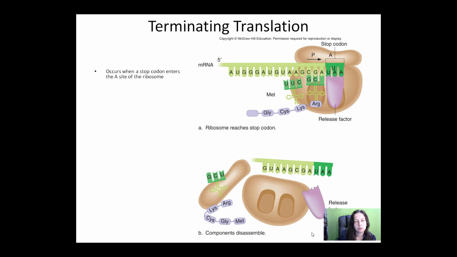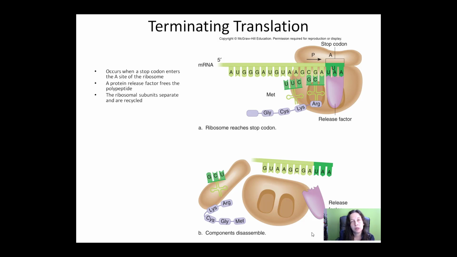How does translation get terminated? This occurs when a stop codon is encountered by the A site of the ribosome. The protein release factor frees the polypeptide. The polypeptide is the same as a growing chain of amino acids. A chain of amino acids is called a polypeptide because the amino acids are joined by peptide bonds.